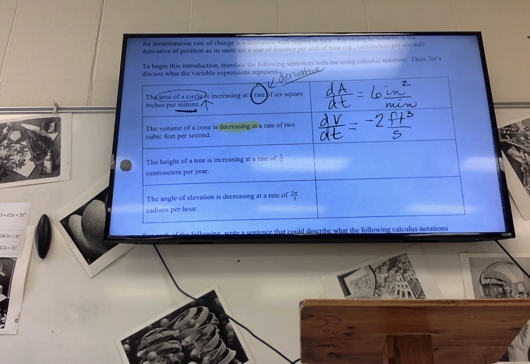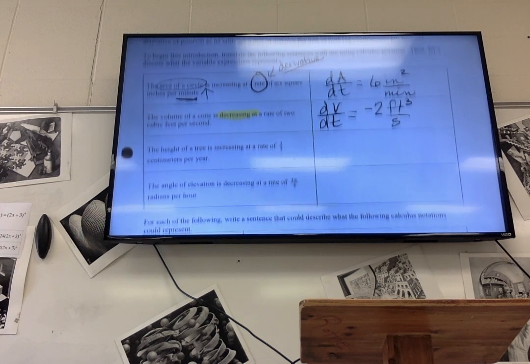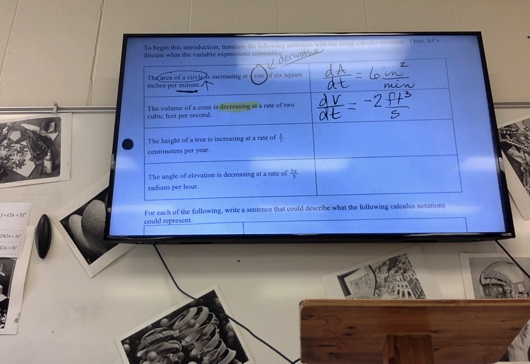And so that volume, or the amount, would be increasing at a certain rate. And in this case, somehow it's going away, maybe deleted, and it's decreasing at a rate. Okay, you try the next two. Don't forget to look for words like increasing and decreasing.